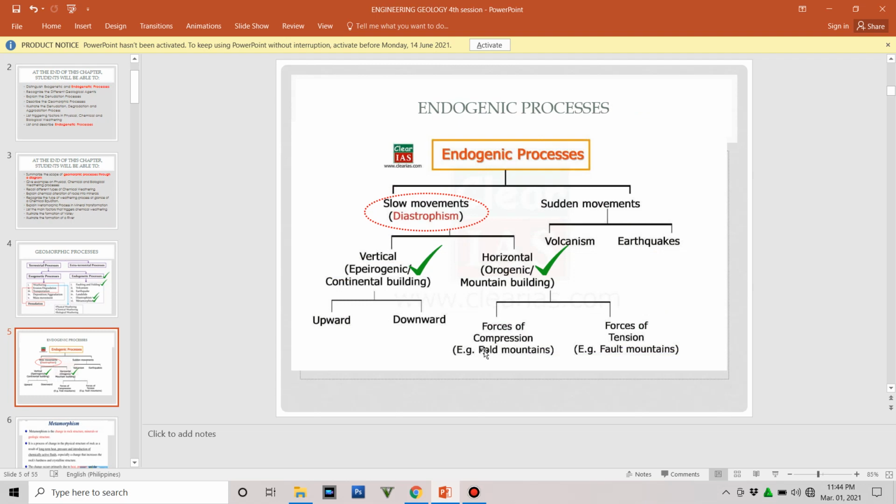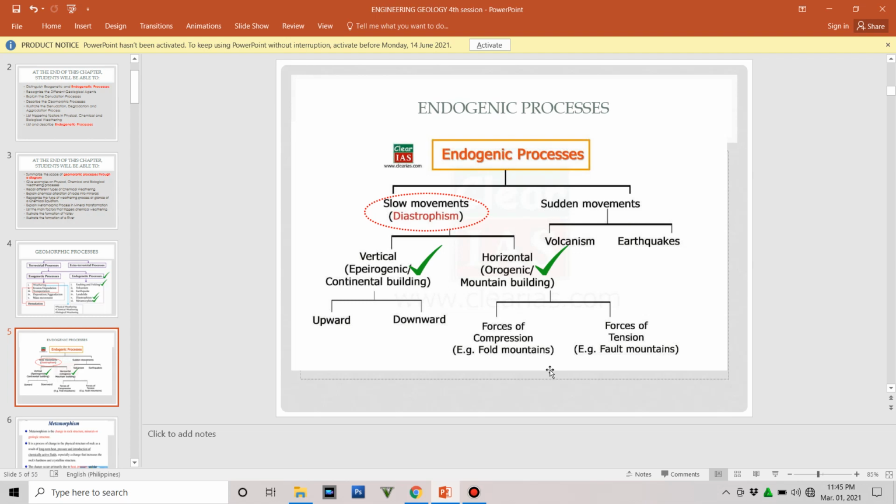So orogenic as a mountain building, it could be the formation of fold mountains, or it could be fault mountains. So we all know that the force of compression tends to squeeze your material. So the tendency here is a plastic deformation, wherein evidently your material would fold.